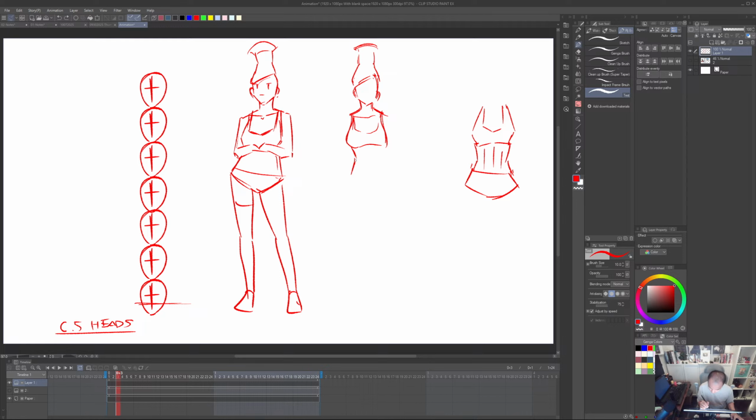I'm posing her in a different pose right now. So I'm trying to determine the feel of the legs over here. I'm now trying to do more of the silhouette, right?